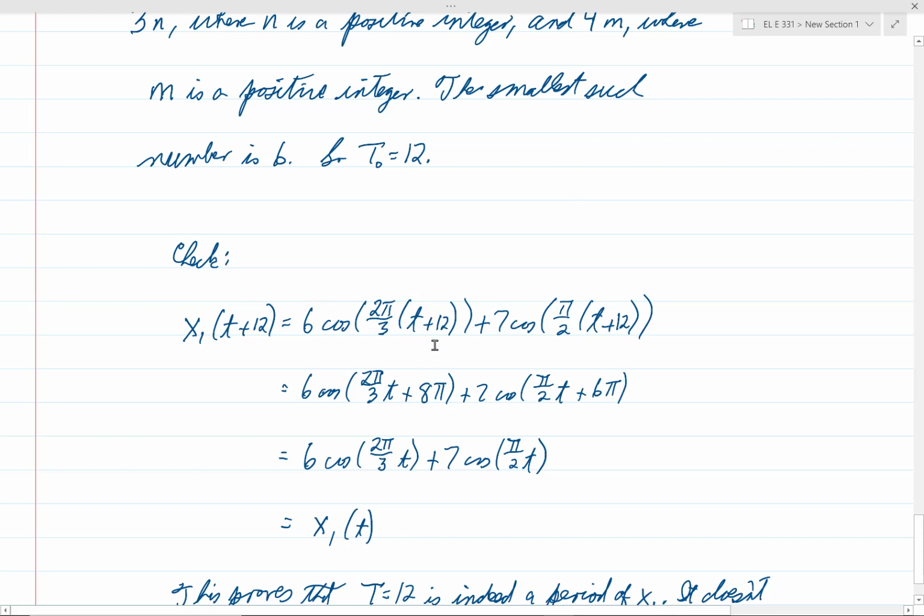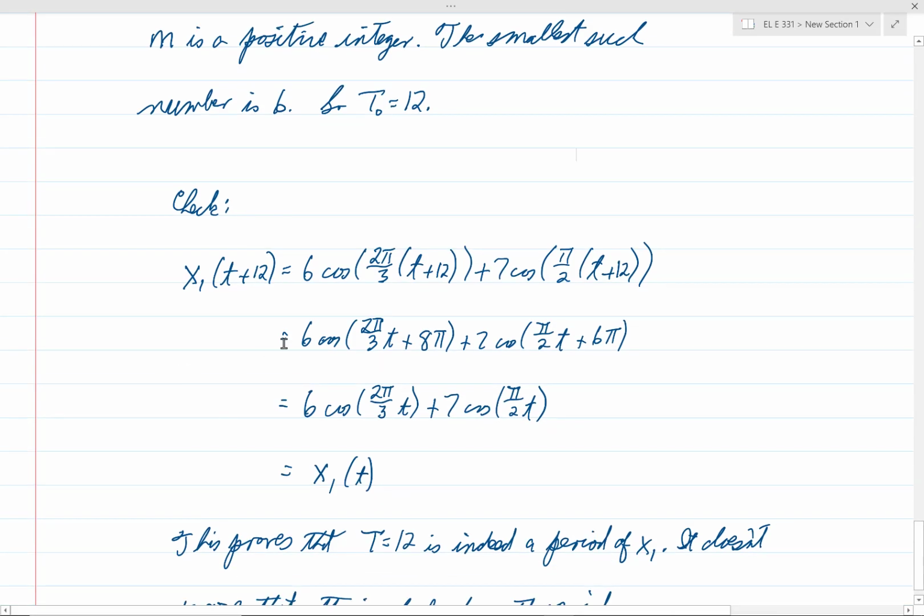Now if we multiply both of those arguments out, we'll get 6 cosine of 2 pi over 3 t, and then 2 pi over 3 times 12 would give us 8 pi. And the second term would be 7 cosine of pi over 2 t, and then pi over 2 times 12 would be 6 pi.